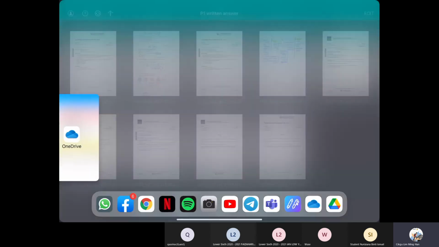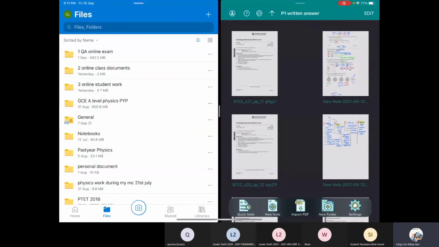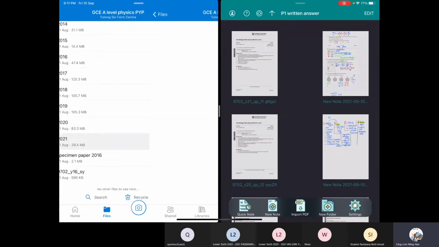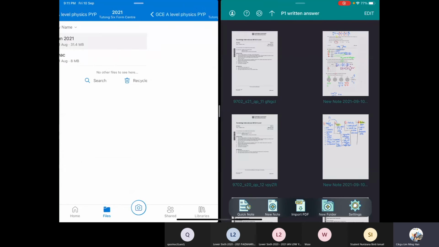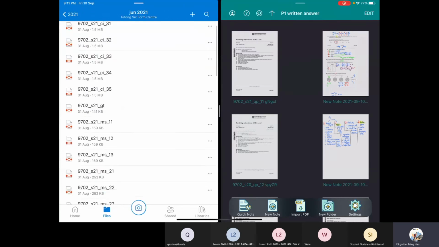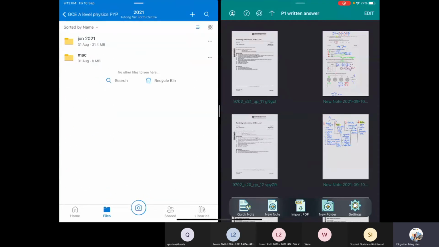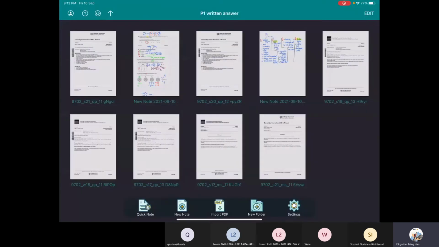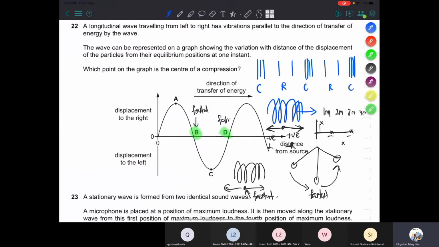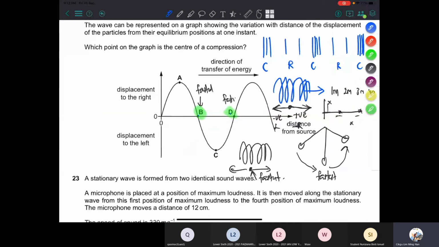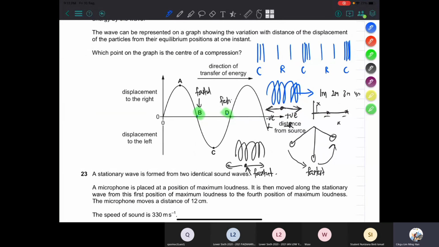Number 22, 2021. We don't have the examiner's report here. Because I got 2 answers here. But this is a spring, and this is a distance-time graph.